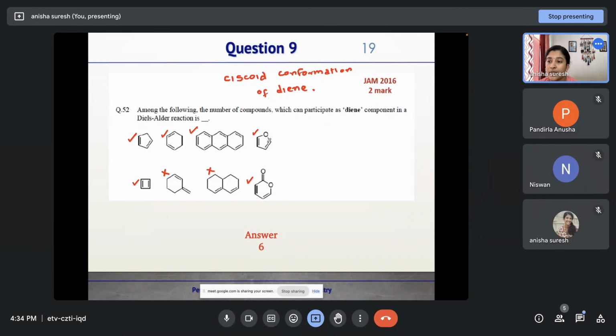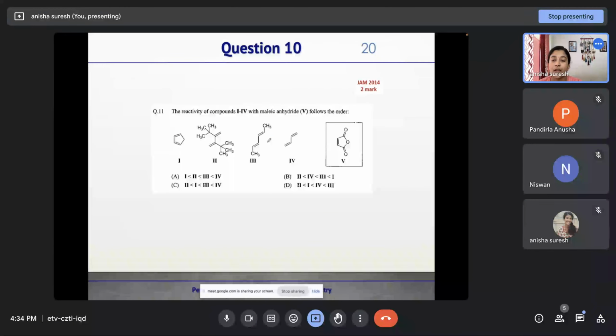Hello? Clear, right? Now we will move to question number 10. The reactivity of the compounds with maleic anhydride follows the order. What will be the reactivity order? The diene should be more electron rich so that the reaction rate will be faster. Maleic anhydride, which is given here, is the dienophile.